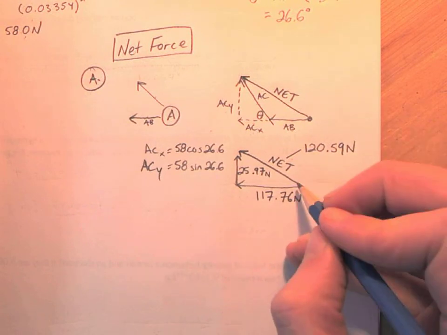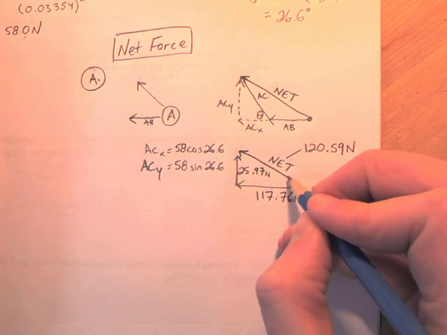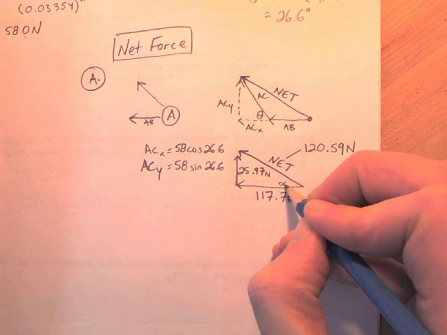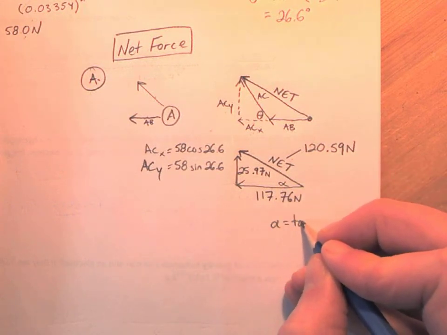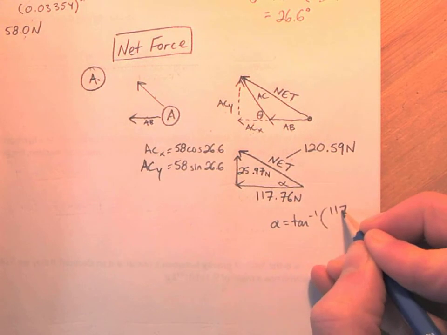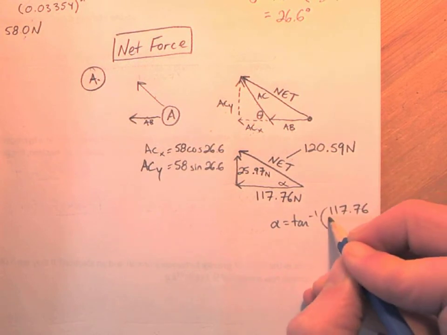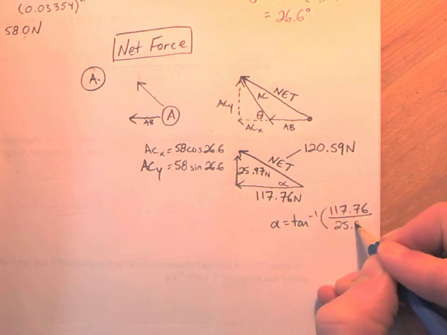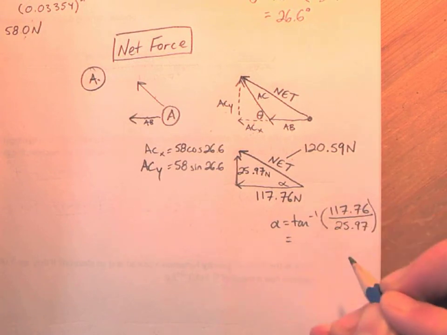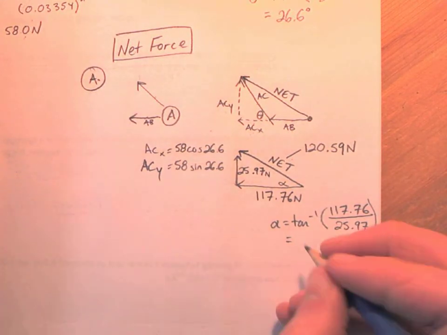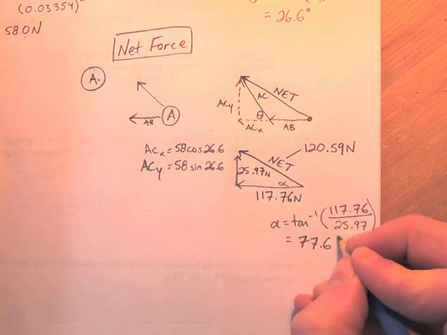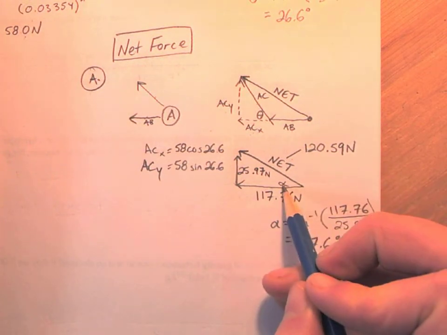And usually when you're finding a net vector, you also need to find the angle. We'll call that alpha. What's alpha? It's just tan inverse of 117.76 over 25.97, which is 77.6 degrees there.